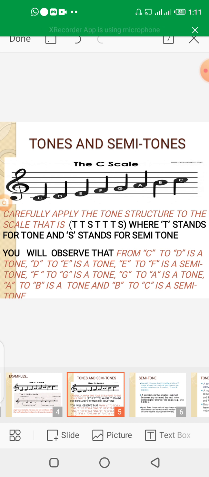I want you to have this at the back of your mind. They are called natural semitones. Anywhere you see a semitone, it's a natural semitone. From C to D is a tone, but something can happen to make it a semitone. We'll come to that later.